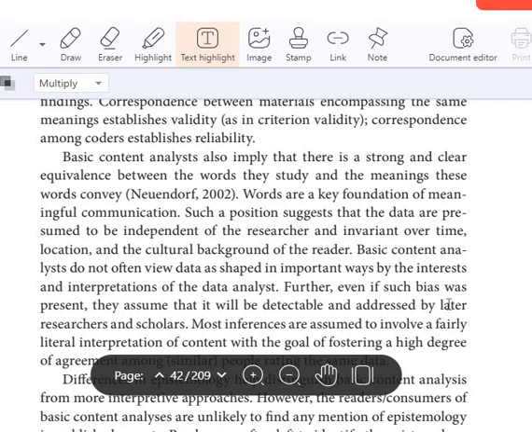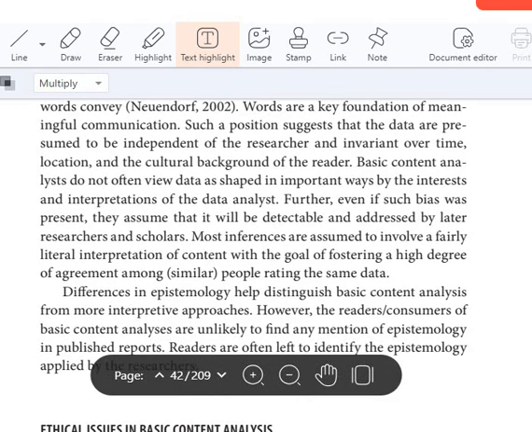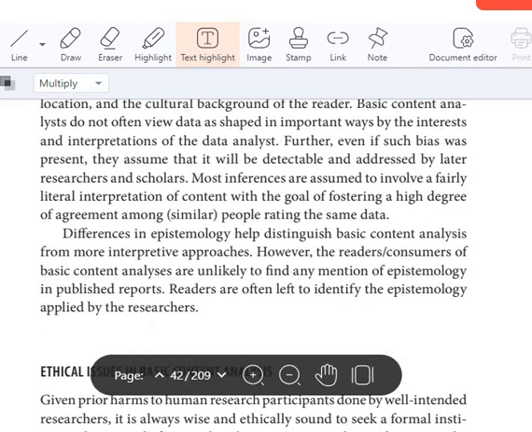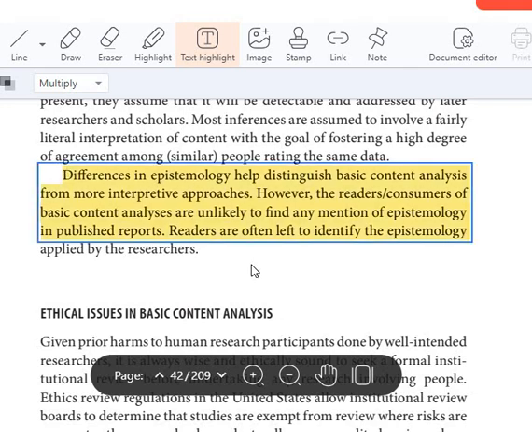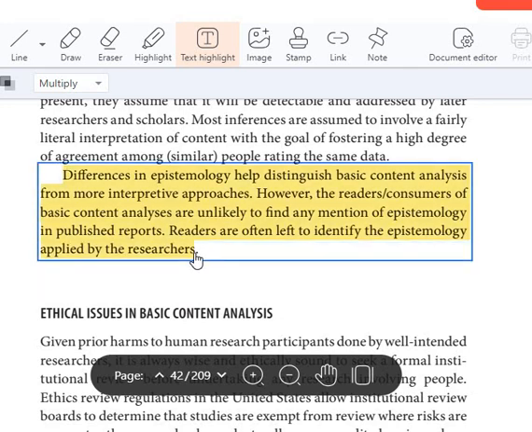Here it says that words are a key foundation of meaningful communication. There's always a focus on the meaning and the importance of meaning. As for bias, it is not found here because it is objective. Okay, this is the last paragraph, which is important.